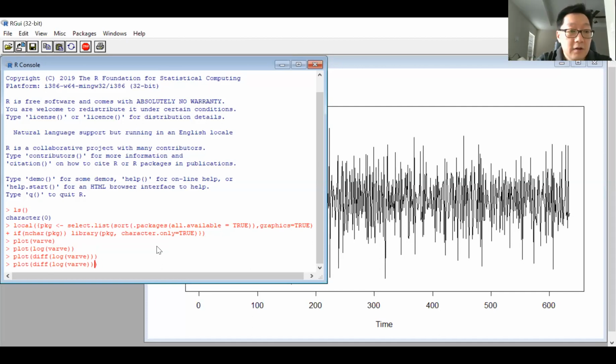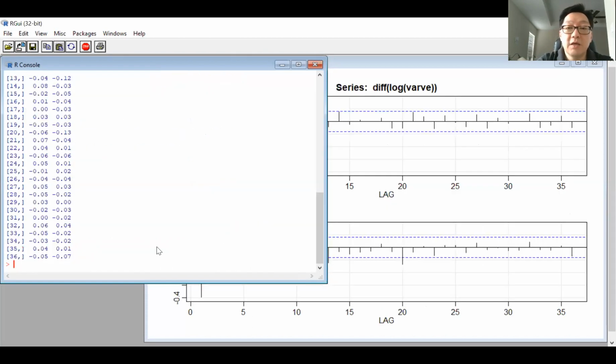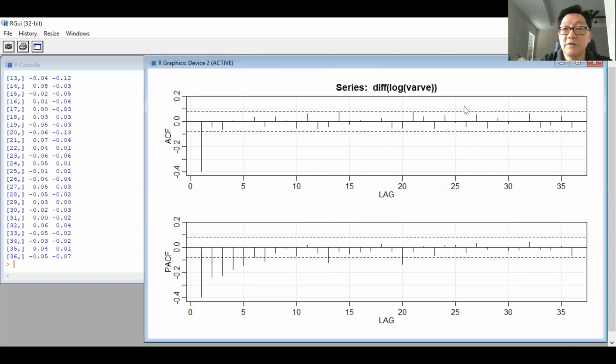And now let me make the ACF and PACF. Using the function ACF2, we can make the ACF and PACF together. In this case, the PACF is decreasing exponentially, whether increasing or decreasing, whatever. It tails off, right?